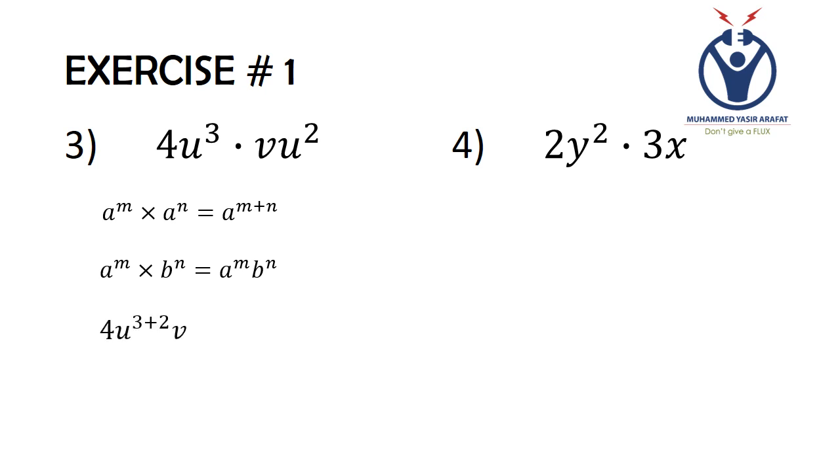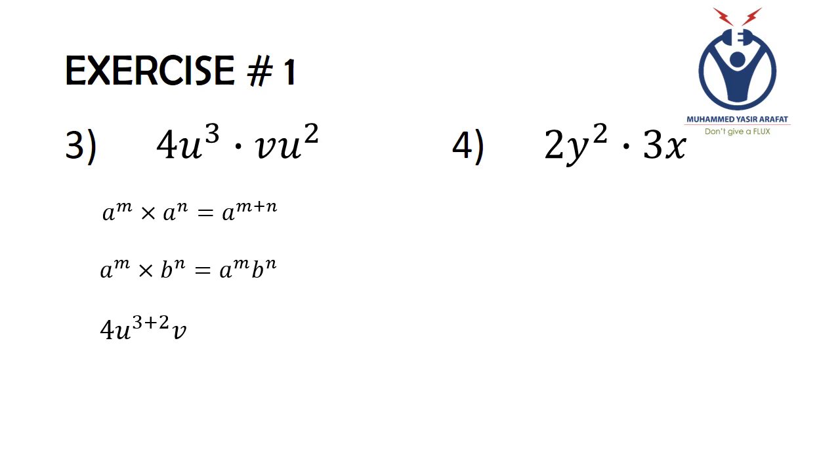First, 4 multiplied by 1 gives 4 only, and the first condition is applied for u only. Here u can be written as 3 plus 2, because u is the same base used in both the first and second terms for the multiplication.